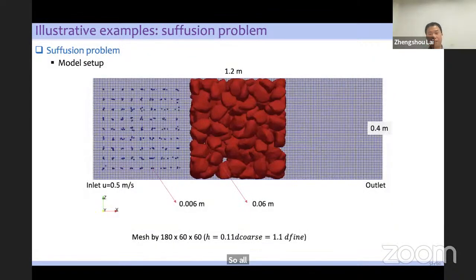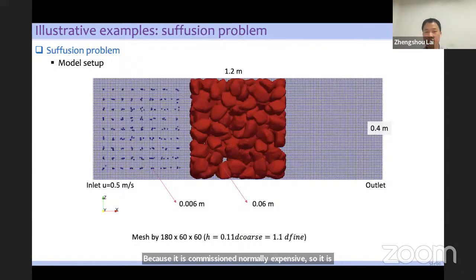The last example is the suffusion problem. As we have mentioned, we have the unresolved CFD-DEM and also the resolved CFD-DEM. The unresolved one is more useful to model very fine particles and large particle systems. The resolved CFD-DEM is conventionally expensive, so it is usually used to model coarse grains.